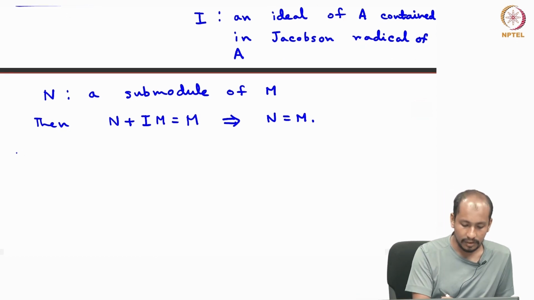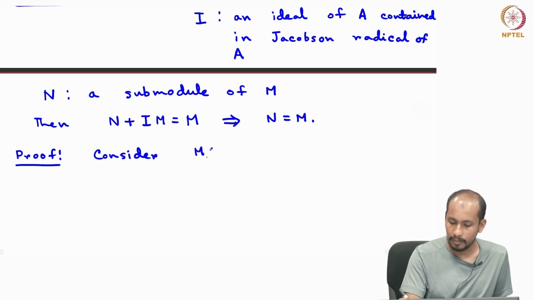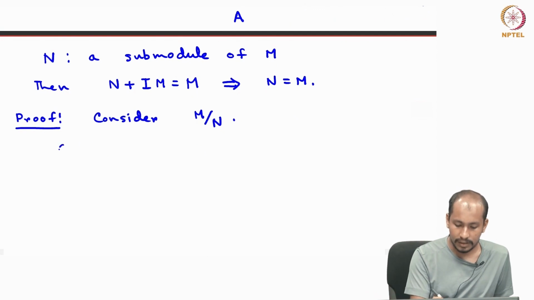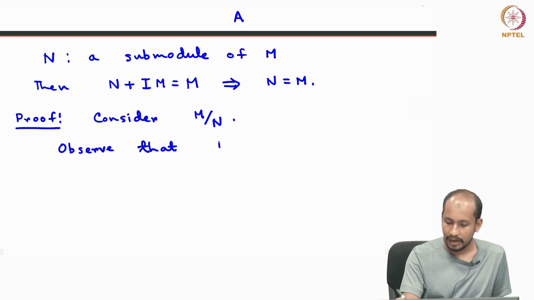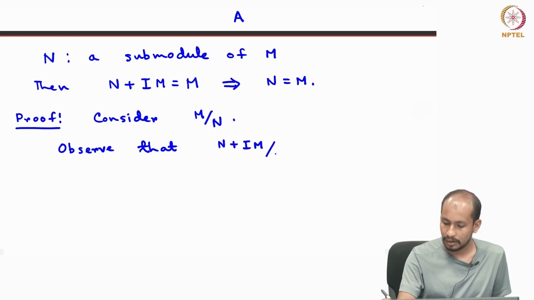Okay. For this proof, just consider the quotient module M mod N, and also observe that (N plus I times M) modulo N is equal to I times (M mod N).